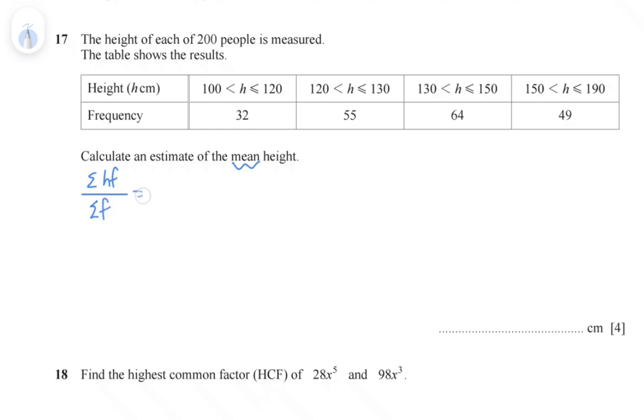To find the sum of HF, we actually need to find the midpoint of each class. To do that, we take the lower bound plus the upper bound and divide it by 2. So for this class, that would be 220 divided by 2, which is equal to 110. Keep doing this for each of the classes, and you will get the midpoint of all of them.